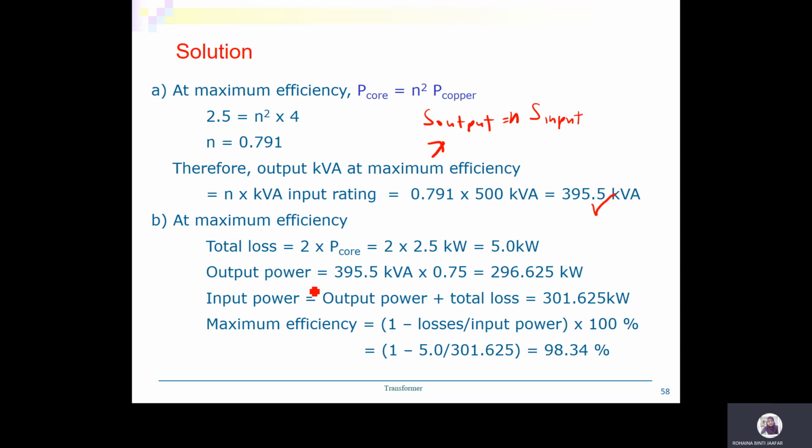Then output power is equal to S output times your power factor, so you get 296.625 kilowatt. Then input power is equal to output power plus total loss, so we get 301.625 kilowatt.